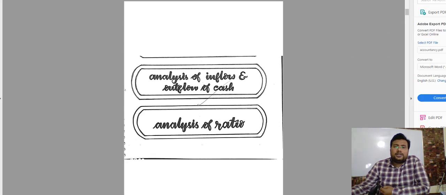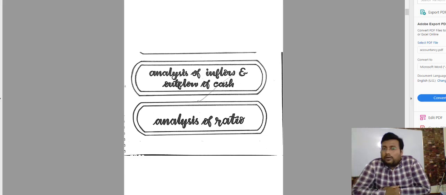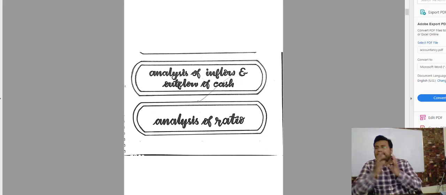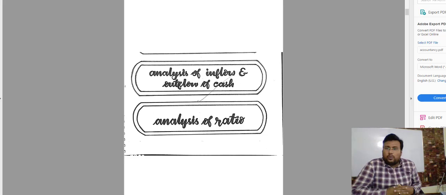The second page is the type of accountancy project. Basically, you have to prepare one specific project, and that specific project contains the analysis of inflow and outflow of cash.